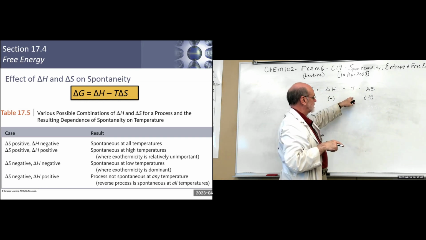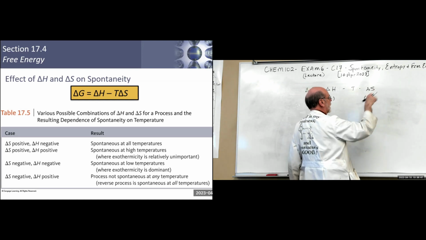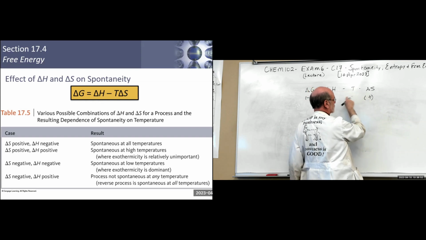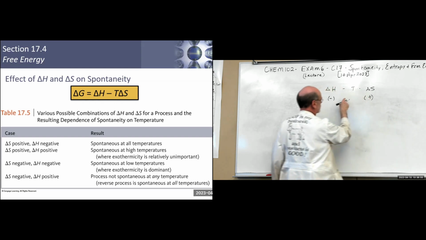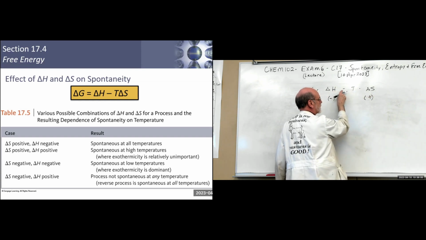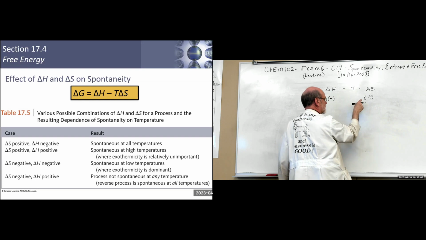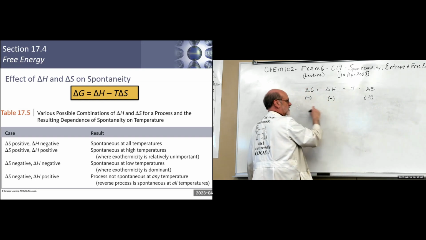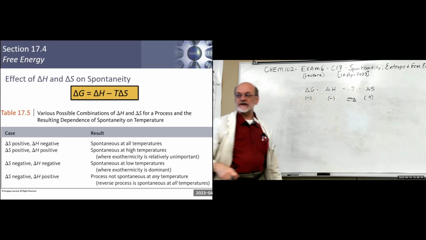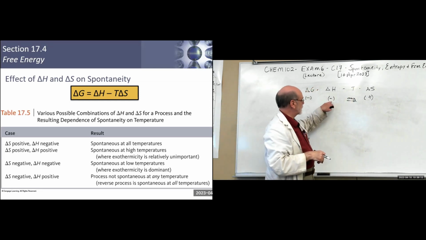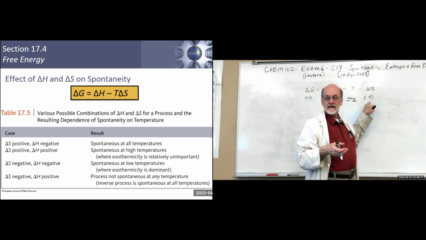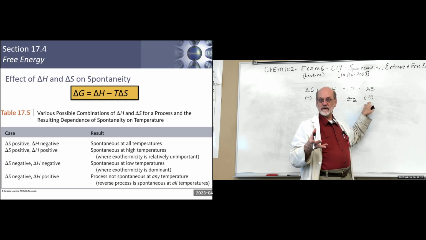Any temperature from 0 K up is going to be a positive value, and this whole term is multiplied by a negative, which means negative times negative equals negative. So any temperature will give you a spontaneous reaction, if the delta H is negative, exothermic, and the delta S is positive, more disordered.